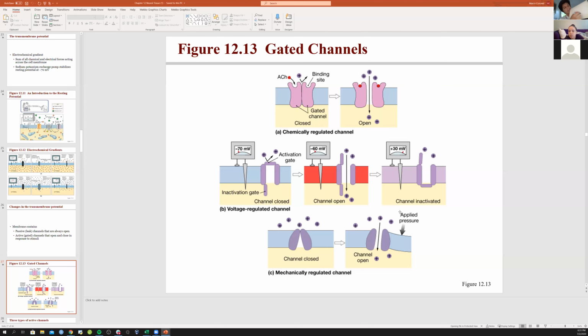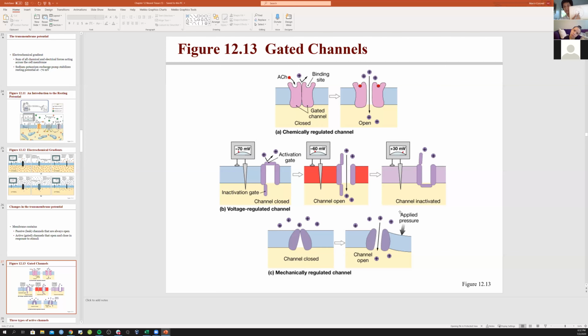This is the cell, this is the nucleus, and this is potassium. There's more potassium in the interior of the cell, a lot of potassium in the interior, and more sodium in the exterior. That's all you have to remember to know what happens when you open a channel.